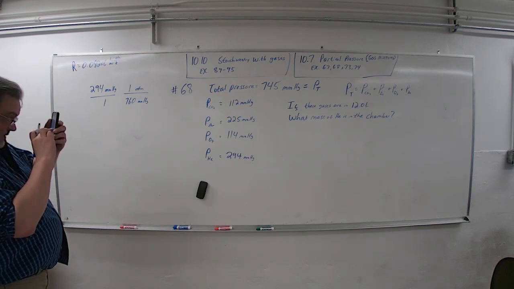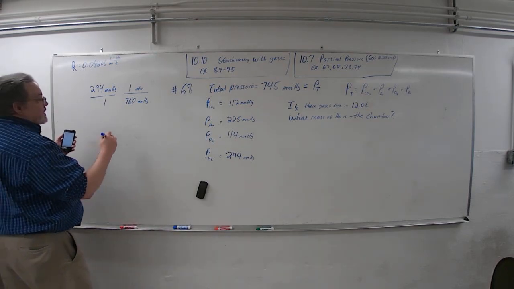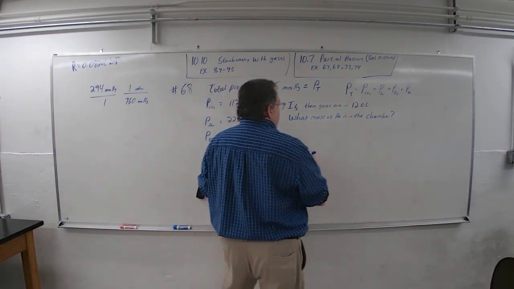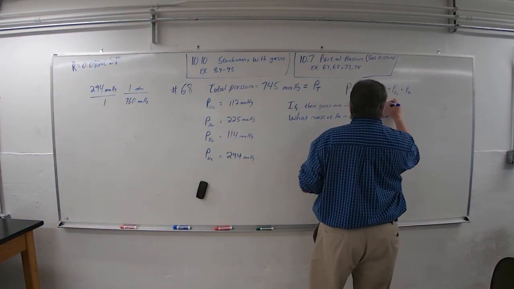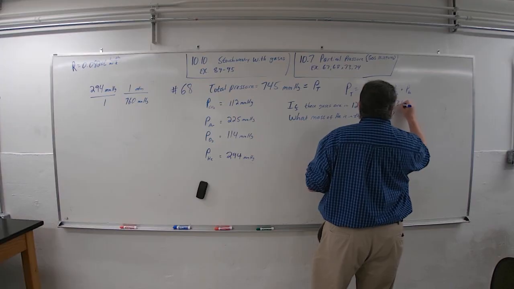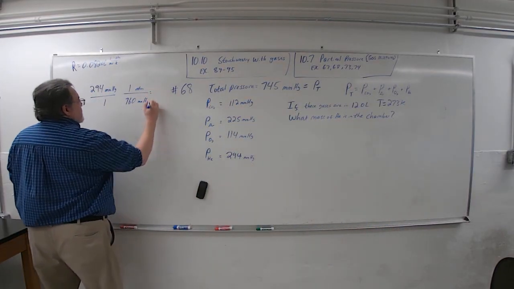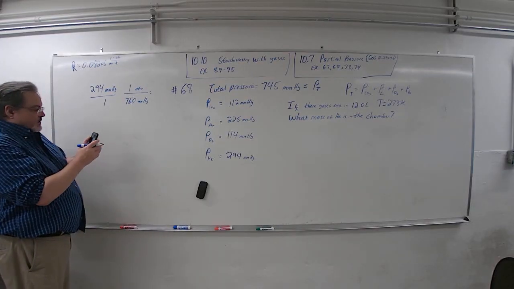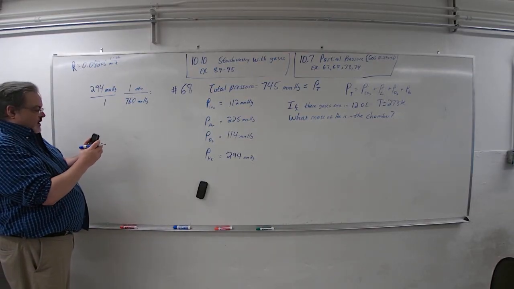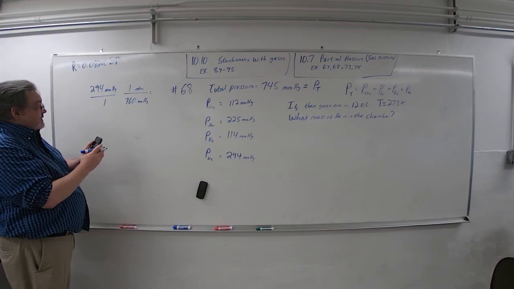What am I doing wrong? Yeah, 273. It also says, but I'm going to turn this into atmospheres first. 294 divided by 760.